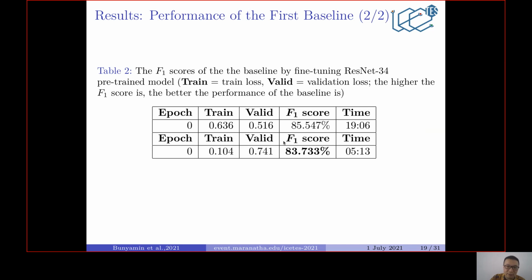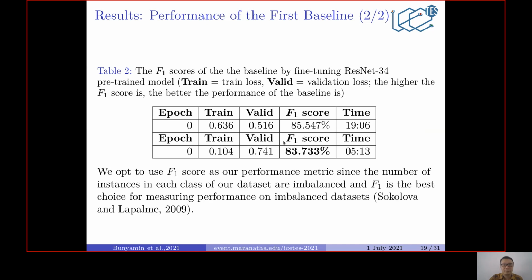We get 83%. We use F1 score because our dataset is imbalanced, with different sizes and different numbers for each category. Therefore, we opt to use F1 score, the best measure for an imbalanced dataset.